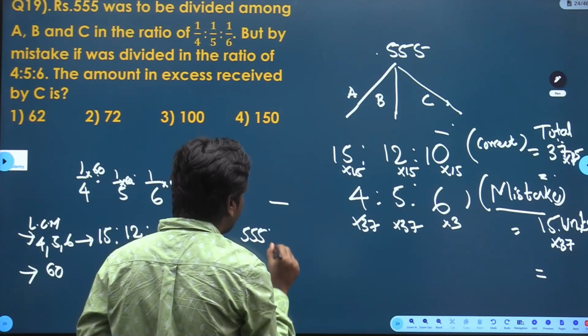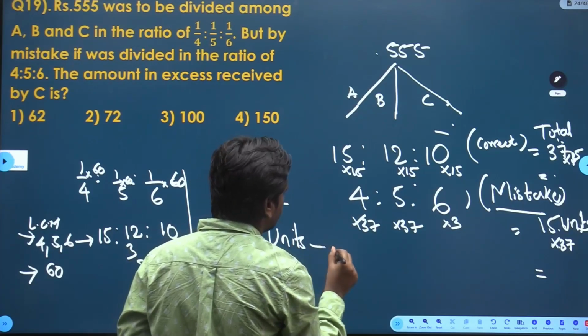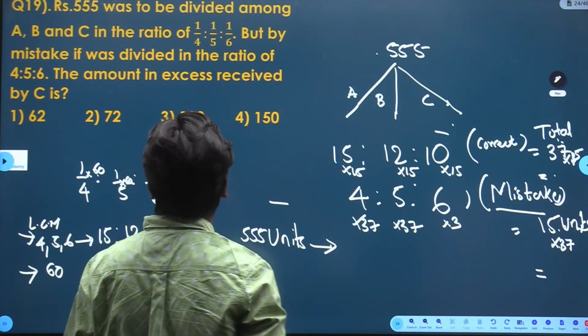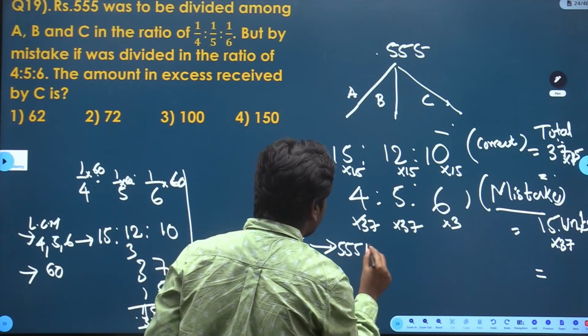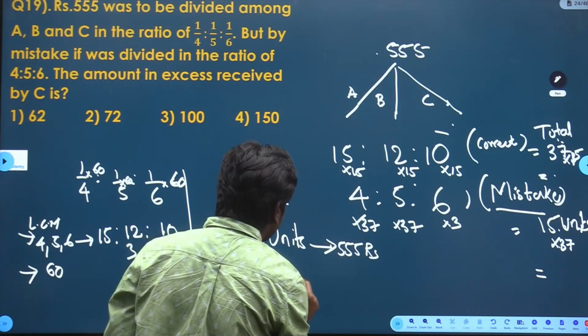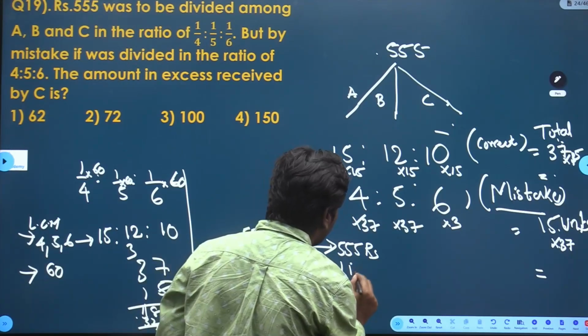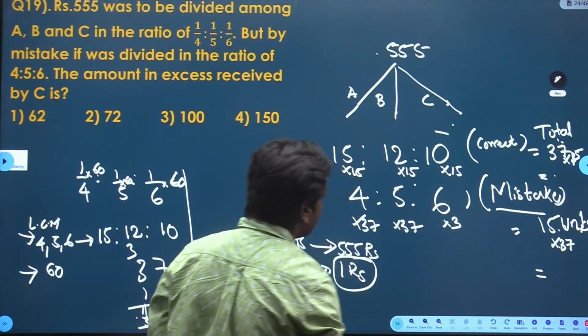So 555 units is nothing but how much? 555 rupees. So 1 unit is nothing but 1 rupee.